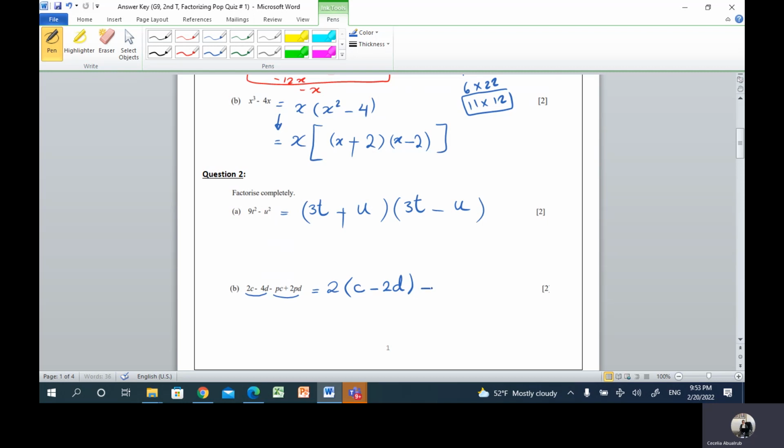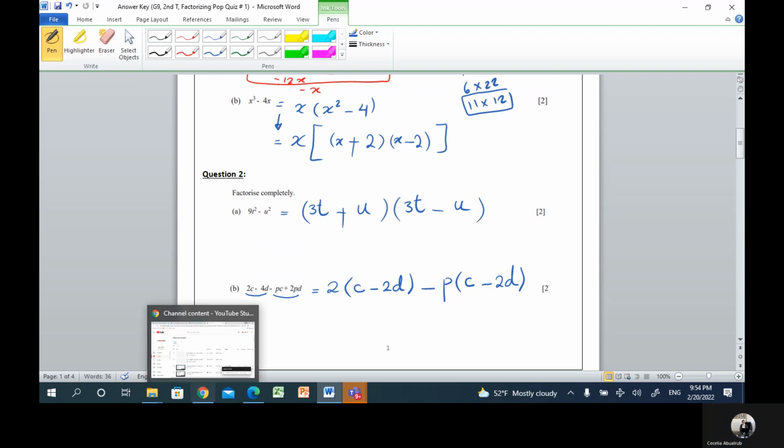Then minus pc plus 2pd, the p is the common factor between the next two terms, and minus p times c will give us back minus pc, and minus p times negative 2d will give us plus 2pd.